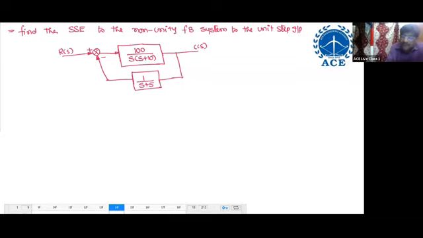Add one positive feedback, add one negative feedback. Now simplify all the blocks up to the positive feedback.